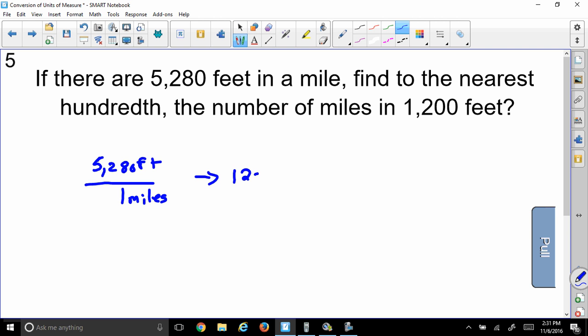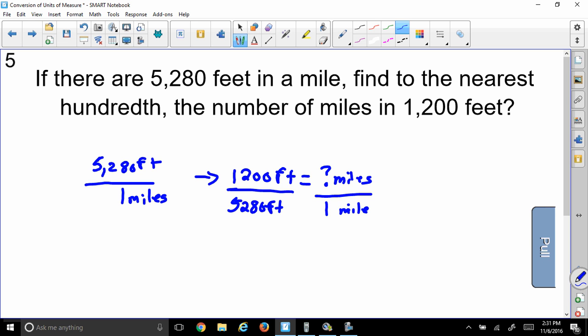I have 1,200 feet, because you might like this way better, is equal to, do it by proportions, equal to how many miles, and that's if 5,280 feet is equal to 1 mile.